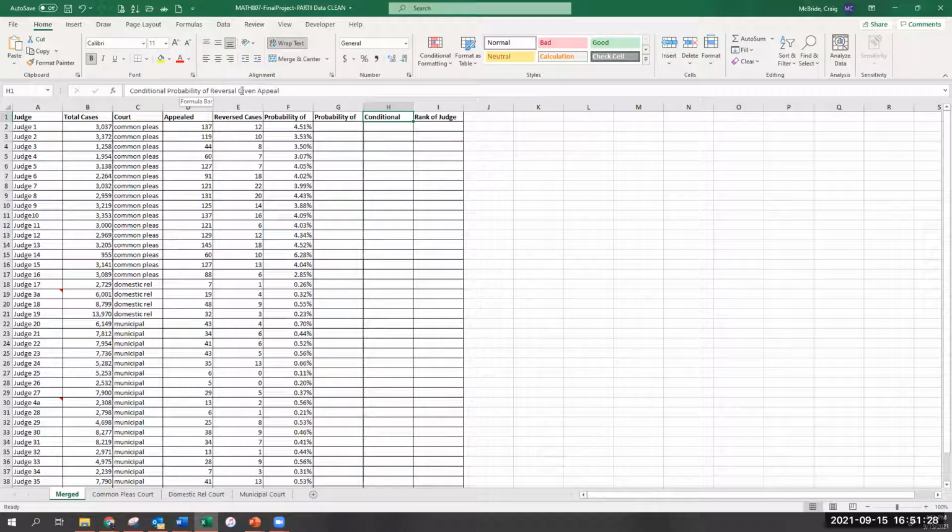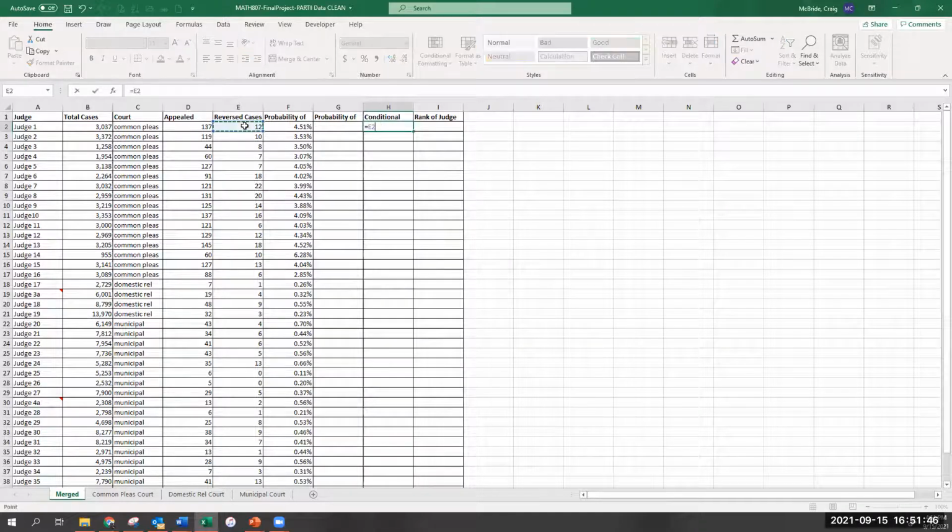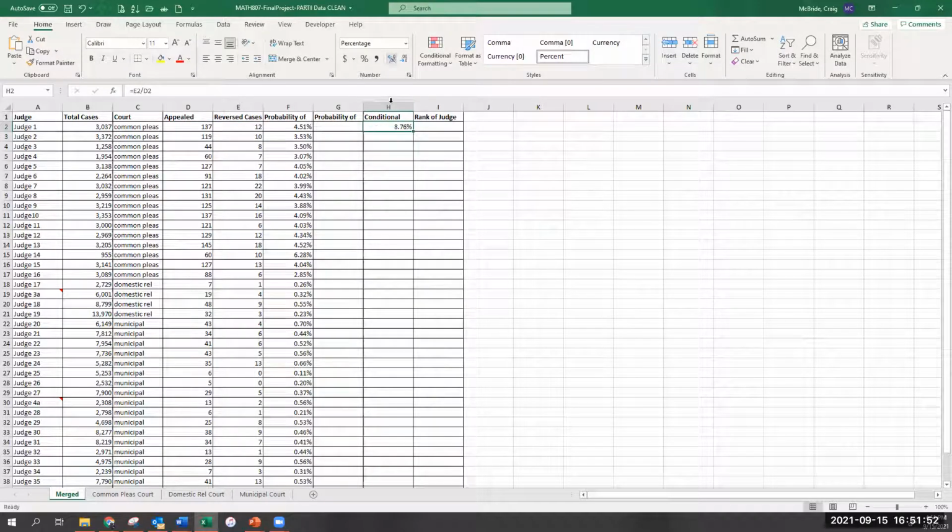So instead of the probability of a reversal in general being number of reversals divided by total cases, the probability of a reversal given an appeal means number of reversals divided by number of appeals. So that's how you do that one. It's just going to be equals this divided by this. Again, I'm going to give myself 2 decimal places, drag it, and do all the rest. Simple and easy. Now you've got these 3 things.